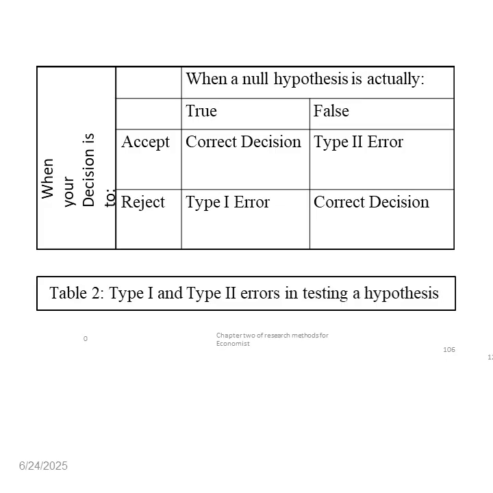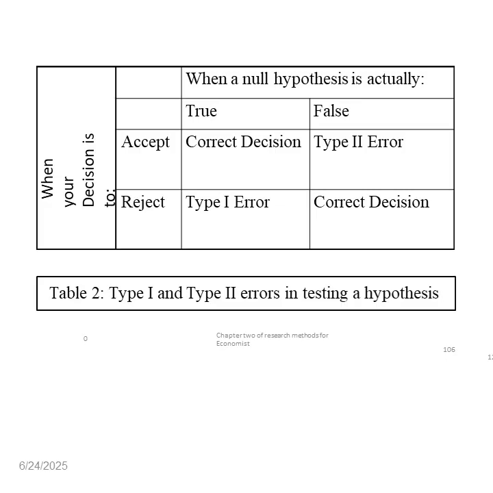I hope everyone is clear with these error types, type 1 and type 2, as I have discussed, and it is very clear. But what you have to do is take the above: when the null hypothesis is actually true, or actually false, and then come to the other side, when your decision is to accept. When the null hypothesis is true, that is correct, there is no error.